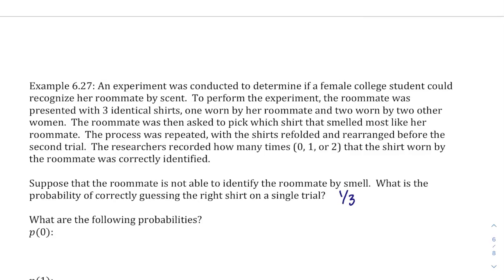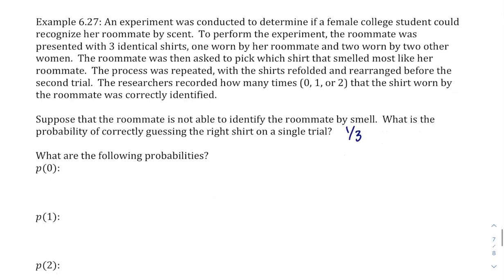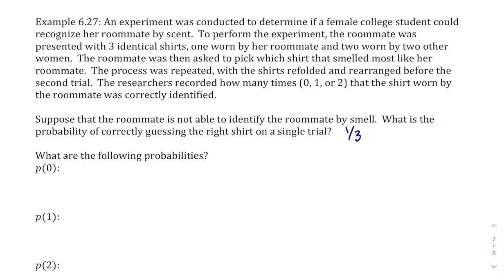In this study, if she's presented with these shirts twice, she can correctly identify the shirt no times, one of the 2 trials, or both trials. Let's calculate the probabilities. What's the probability that she does not identify this shirt at all? We start with the 2 trials, and we want 0 factorial and 2 minus 0 factorial, and then 1/3 to the 0, and then the probability of failure is 2/3, and we want that twice.